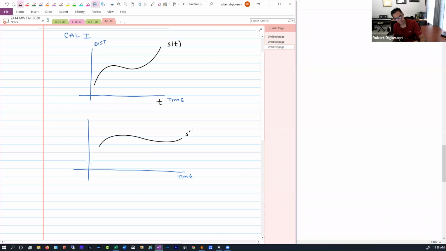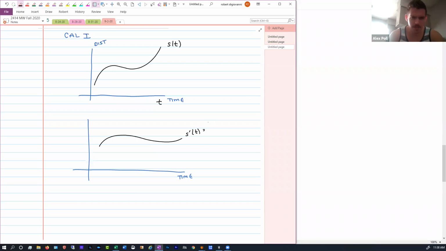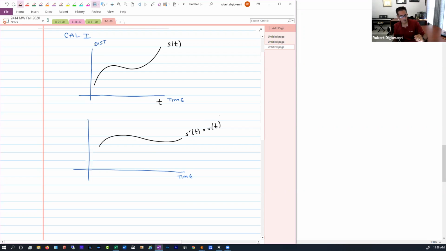It's the derivative. But what does it represent, physically? It's not the position anymore. It's the velocity, v of t. So if this first function is position, then if you take the derivative of that, you get the velocity function.